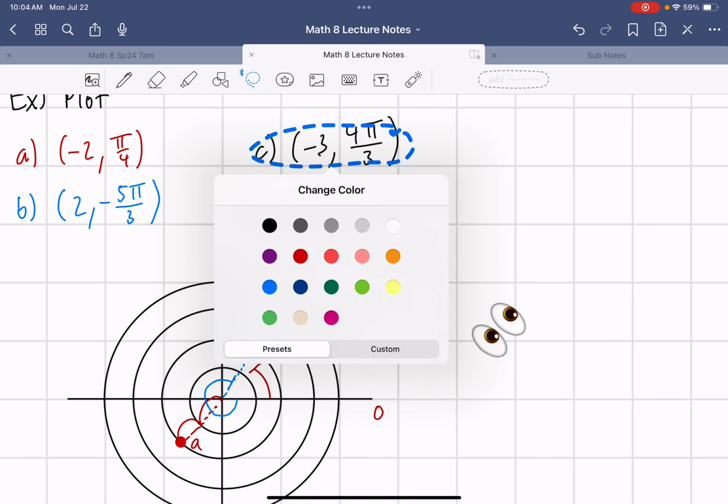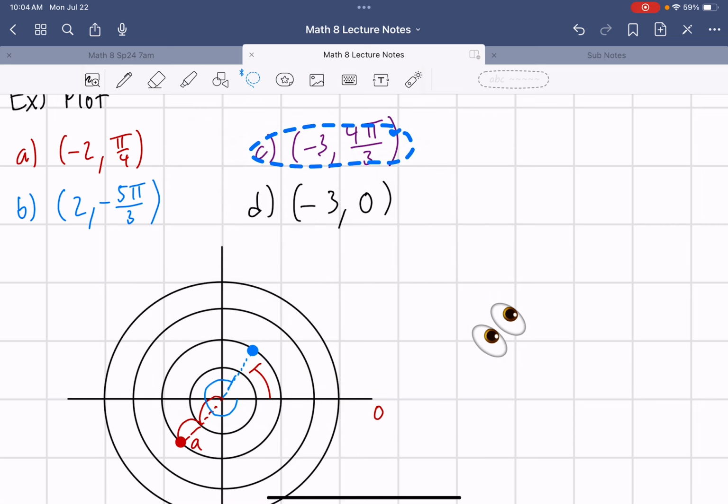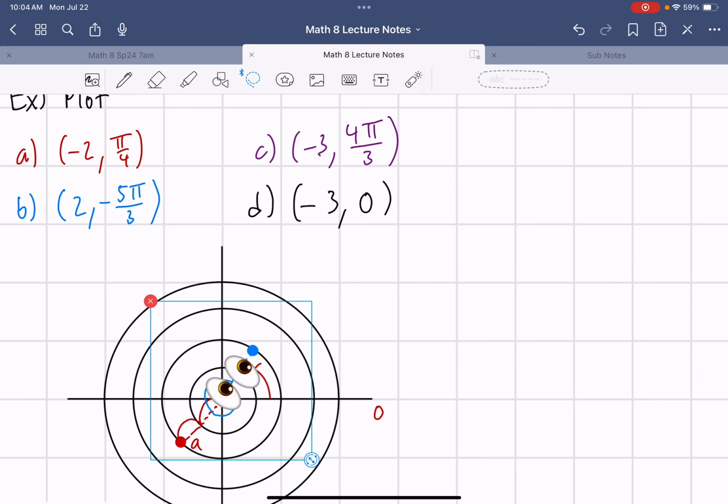So here, if I change the color, let's try doing purple this time. Once again, same thing. So 4 pi over 3, this is positive, so I'm going to rotate in the positive direction. Let's not forget, we face, right? Let's bring googly eyes back. Right, I'm facing at 0, and I'm rotating 4 pi over 3.